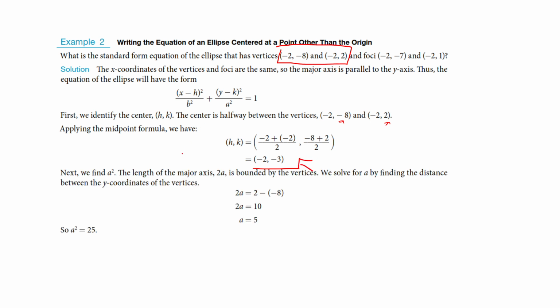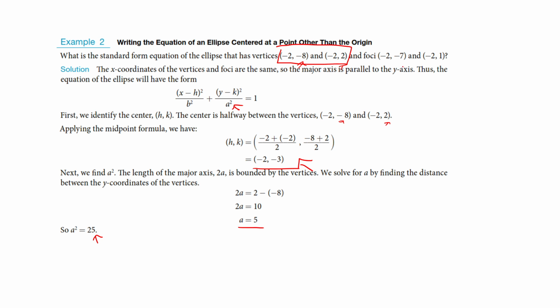Okay, now let's find A. So here's what they're doing. The distance between -8 and 2 is 10 spots, isn't it? So that's the distance. So the major axis is 10. If you cut that in half, you get 5, which is how they came up with A is 5. All right, so now we know A squared, and it's going to go underneath the y, so we've got this value right here.